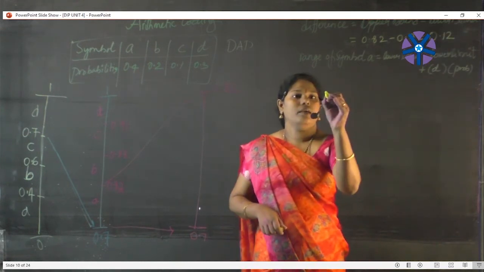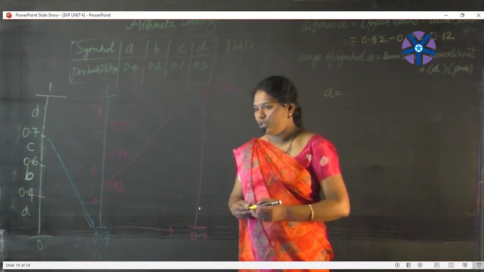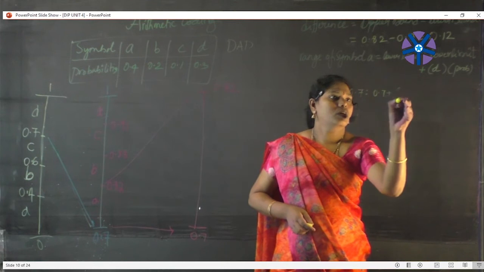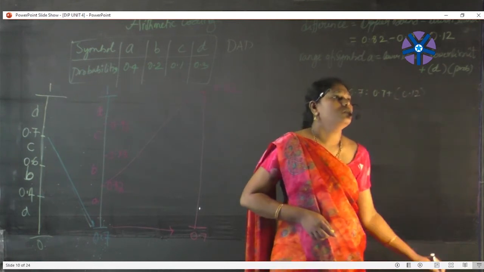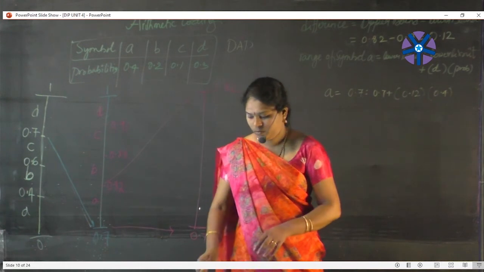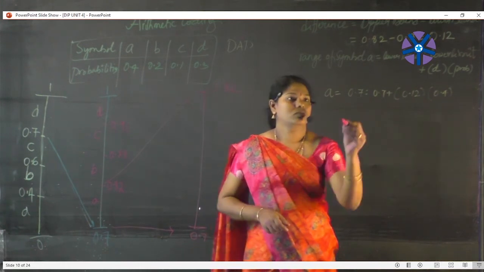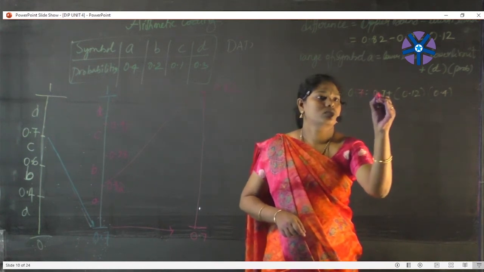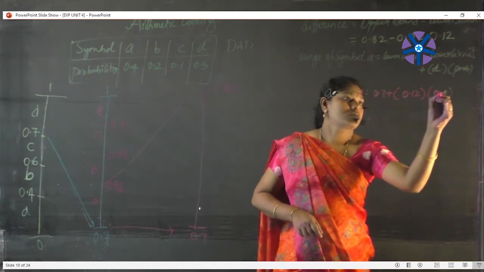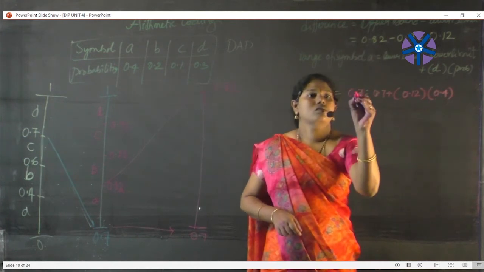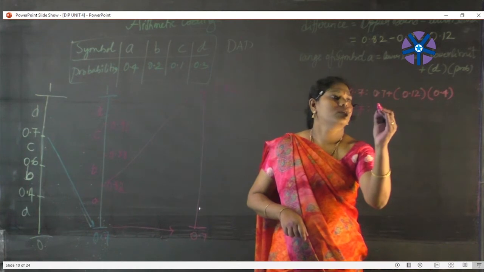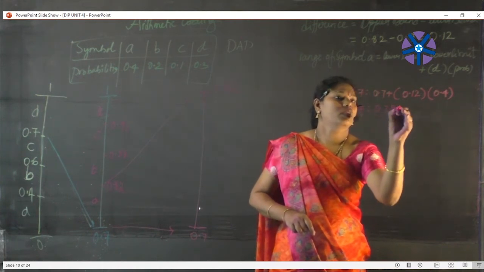For the symbol A, the lower limit is 0.7, so 0.7 plus 0.12 into the probability 0.4, which gives 0.748.